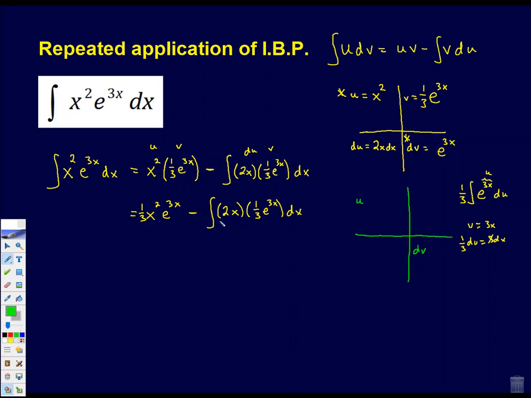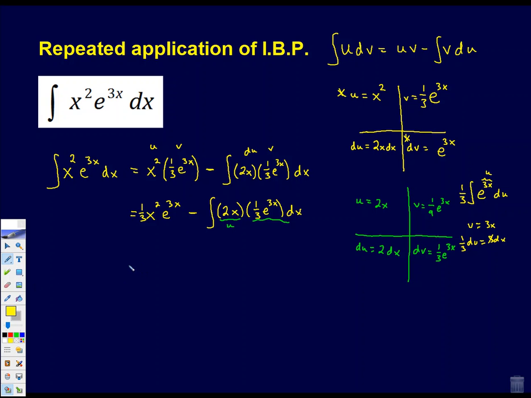This time, I'm going to pick the 2x to be the new u and 1/3 e to the 3x to be the dv part, because I can just integrate that similar to the first time around. I've got to make it e to the 3x, and I've got to divide by 3 again, so it's now going to be 1/9 e to the 3x. But the derivative of u, du, is simply going to be 2.